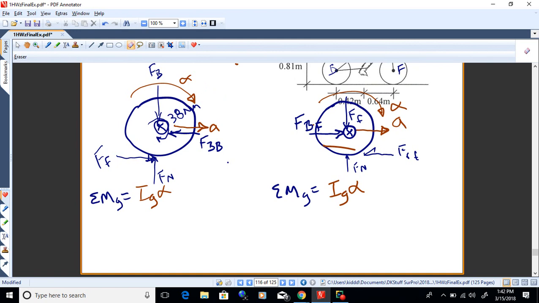So mk squared for the back wheel, mr squared for the front wheel. Let's see, effective R.